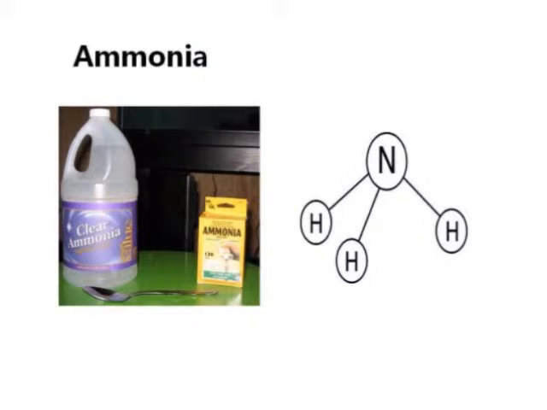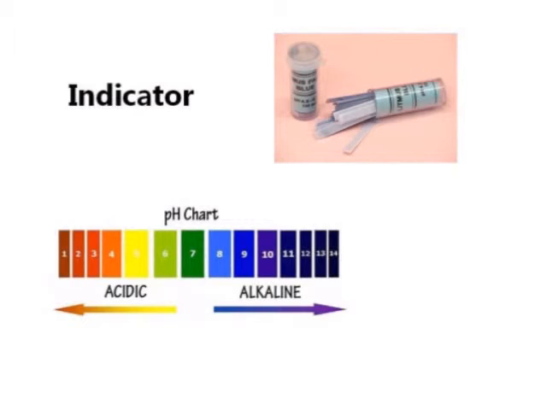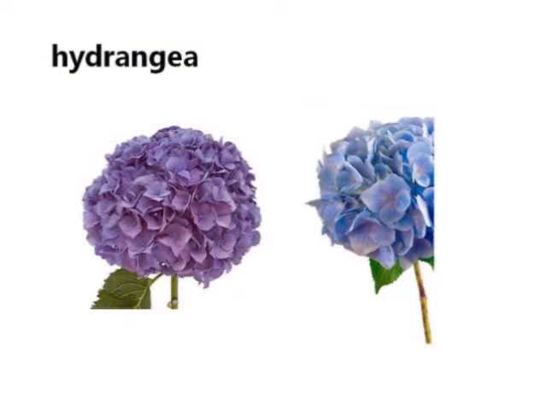One of the most interesting properties of acids and bases is the way they react with indicators. An indicator is a material that changes color in the presence of an acid or base. For instance, the hydrangea flower can be either pink or blue depending on the amount of acid or base present in the soil in which it is planted.